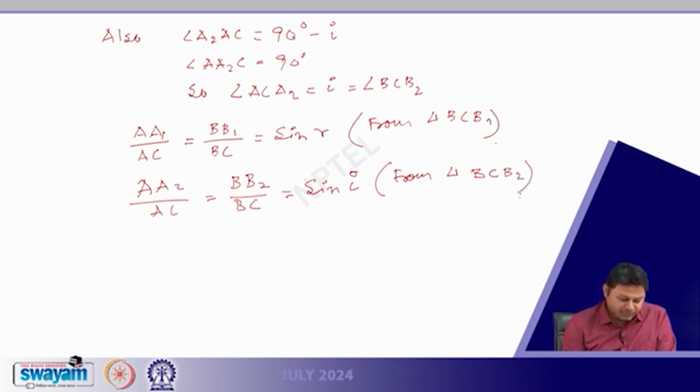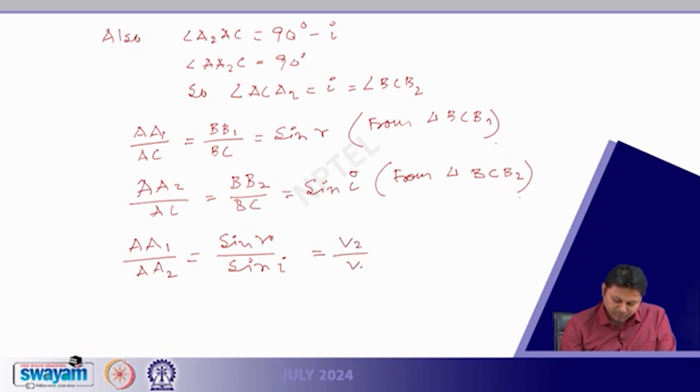So, if I combine these two, A1 divided by A2 should be sine R by sine I, and that is V2 divided by V1, and that is N1 divided by N2.